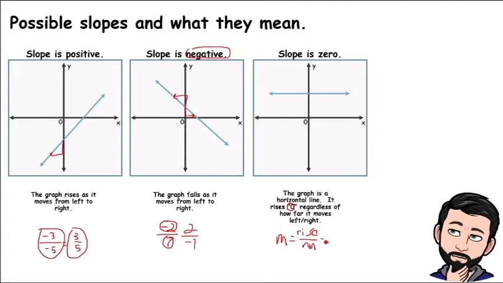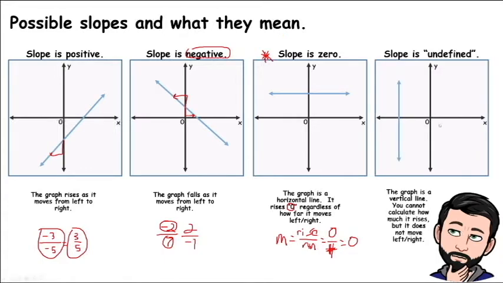No matter how much over I go, if I rise 0, no matter how far I run, 0 divided by anything is always going to give me a slope of 0. Horizontal lines have a slope of 0 every time. I put a little star next to that. That's a confusing spot for many, many students.